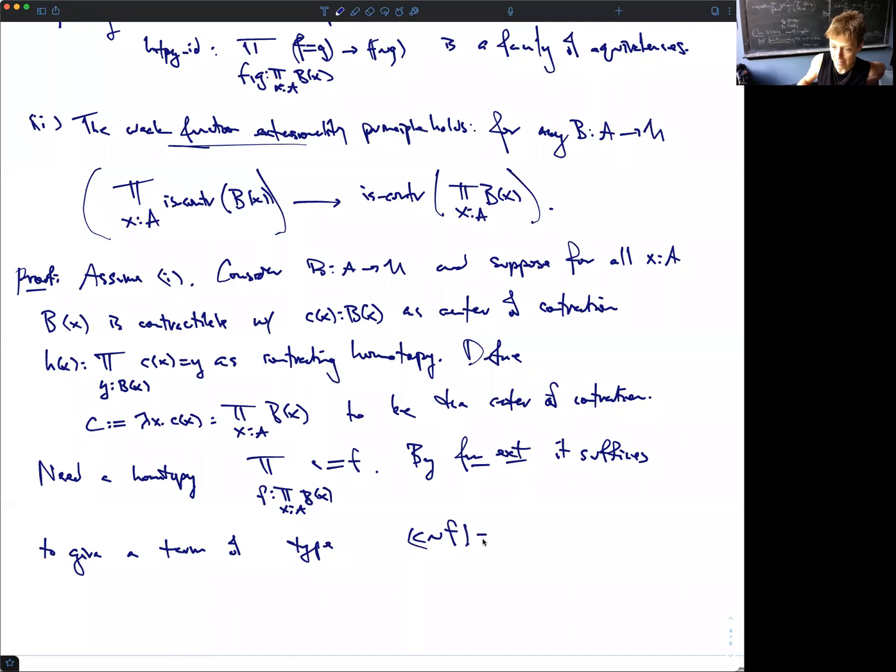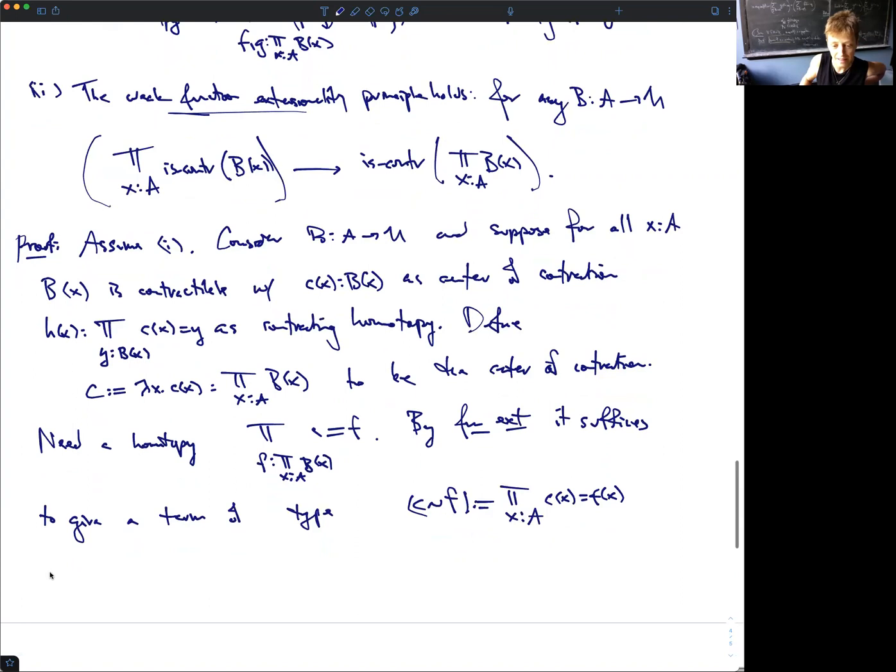This again is the type that for all x in A gives an identification between C of x and f of x. But I have this, it is given by lambda x dot h of x at f of x.